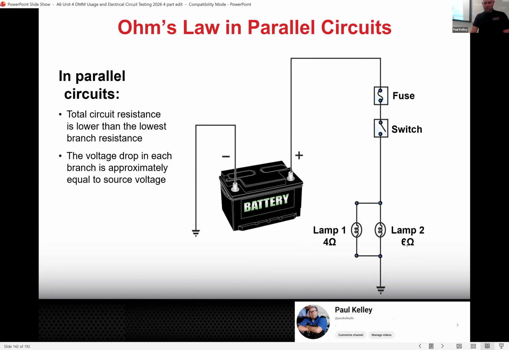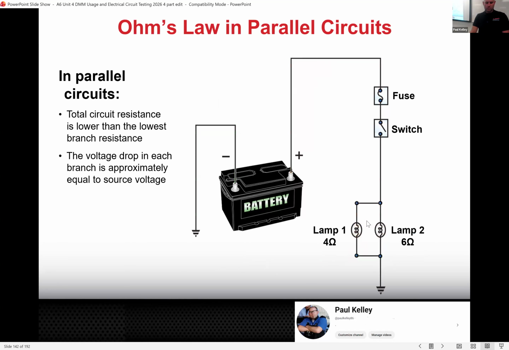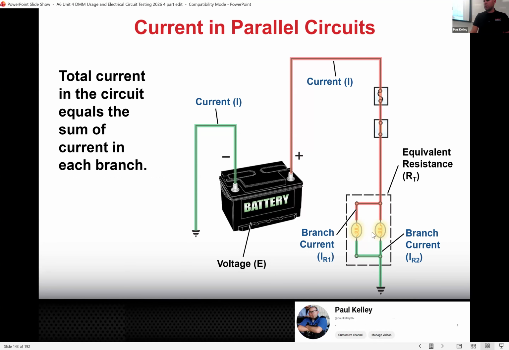This is 4 and this is 6. So the 4 ohm would flow a little bit more amps. Let's say this one over here was flowing 8 amps and the 6 was flowing a little bit less. And let's make that one 4 amps. If you have 8 amps here and 4 amps here, what do you think I have on the main road?